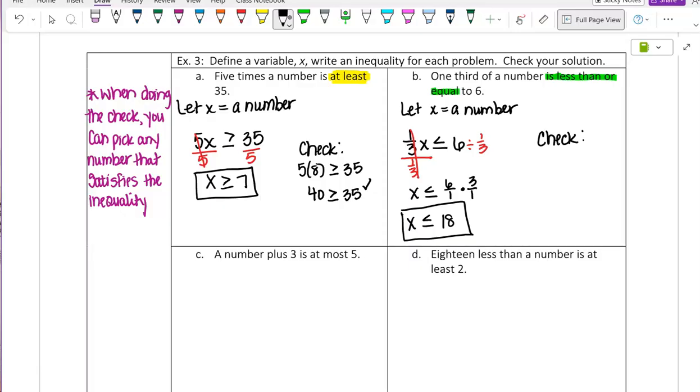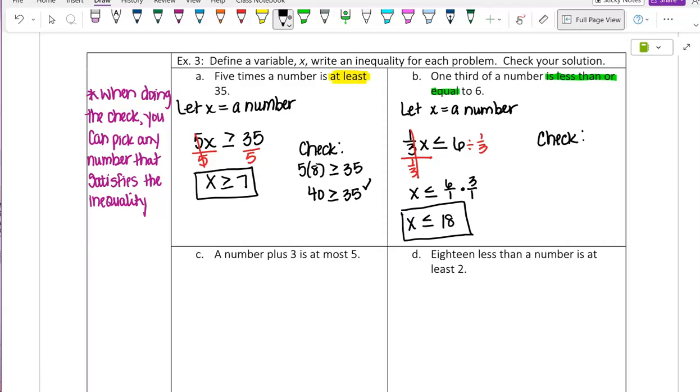Now, again, we want to check a number less than 18, but because of that fraction, we also want to make sure that number is a multiple of 3 just to make the math a little easier. Now, could you pick a number that's not a multiple of 3? Absolutely. It's just going to leave you a fraction answer instead of a whole number. So give me a number that is less than 18 but is a multiple of 3. 9.